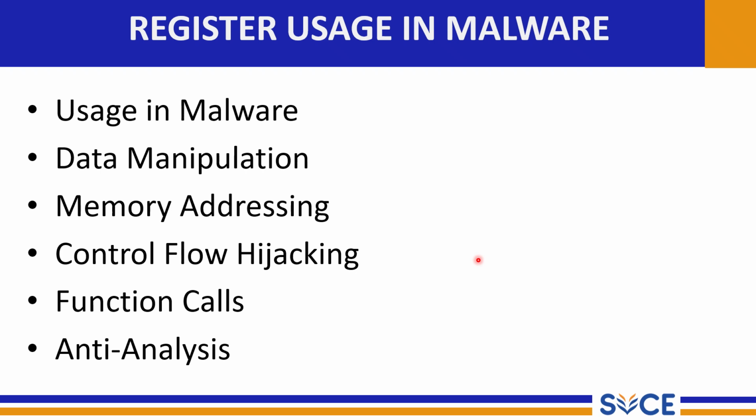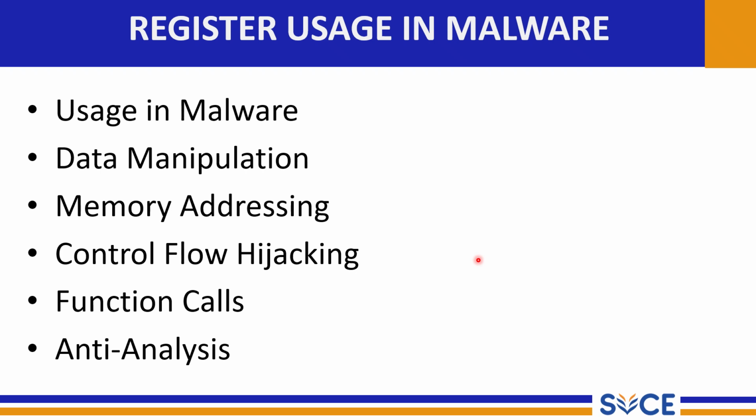And the next one is function calls. Malware uses some registers to pass the arguments to functions and to store some return values. Understanding these types of calling conventions is crucial for reverse engineering malware. And the next one is anti-analysis.